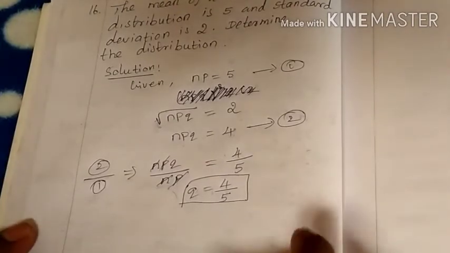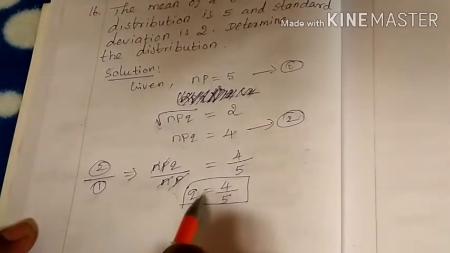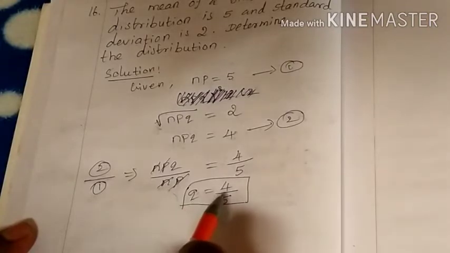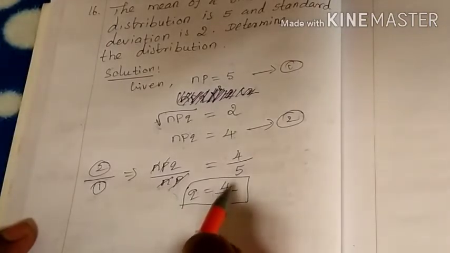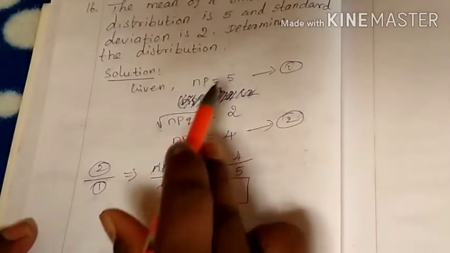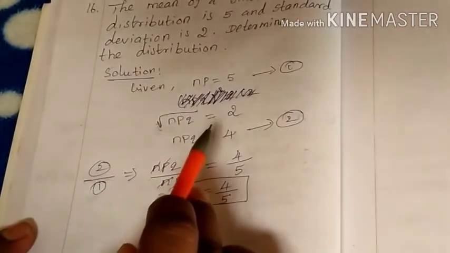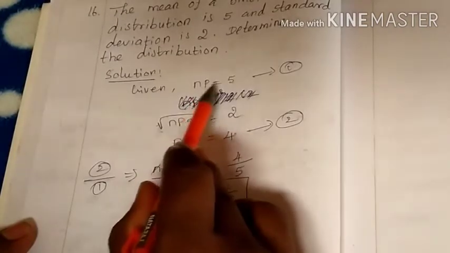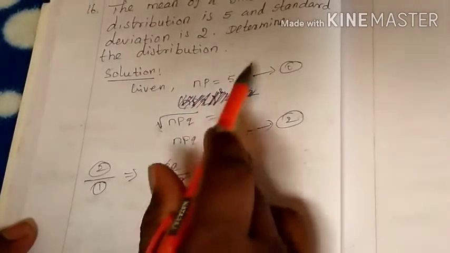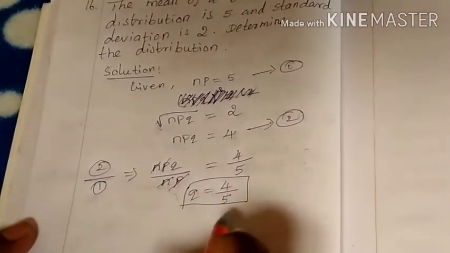When forming the binomial distribution, if you get the p, q and n values, you can easily determine the binomial distribution. But here p, q, n values are not given directly. Only hints are given. So using the hints, find out the p, q and n values.